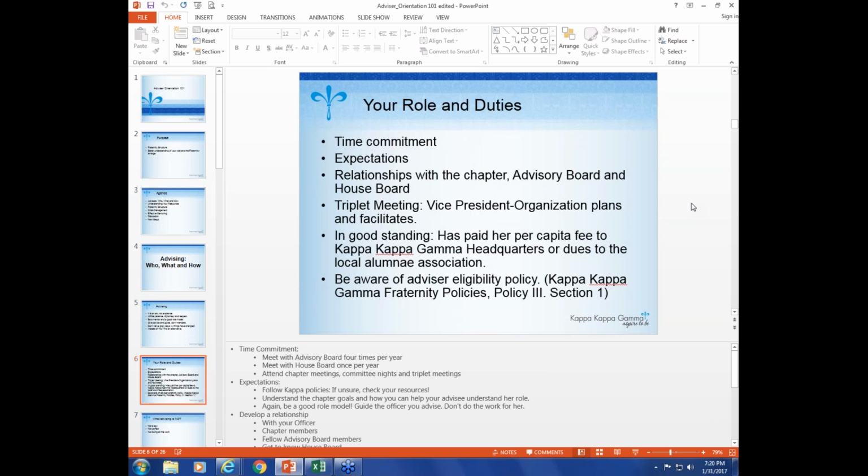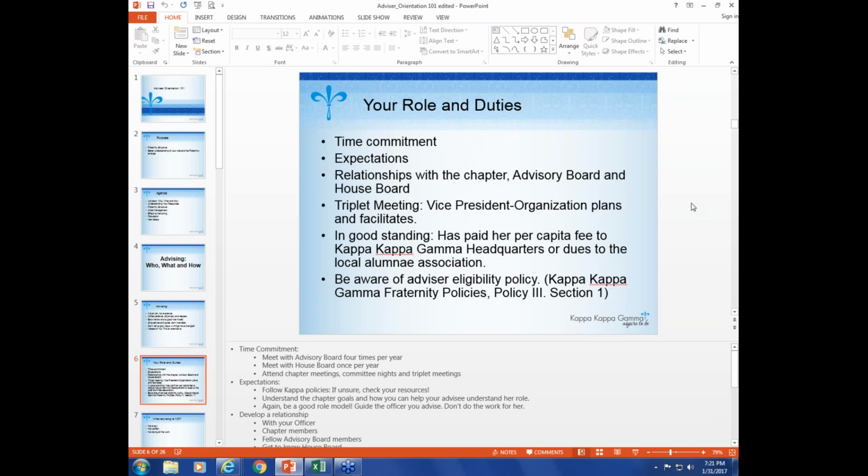A triplet meeting is something that many of you may have already had or have scheduled as your chapters come back to school for this semester or quarter, and that's usually when the outgoing officer, the incoming officer, and the advisor meet together and sort of evaluate what happened last year and make some plans for the future.